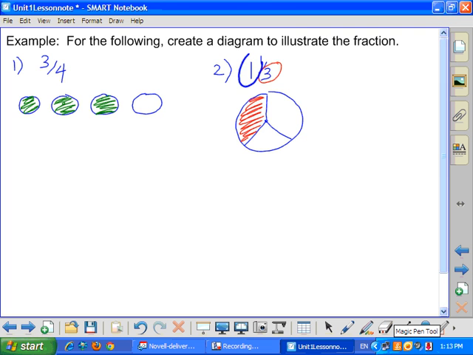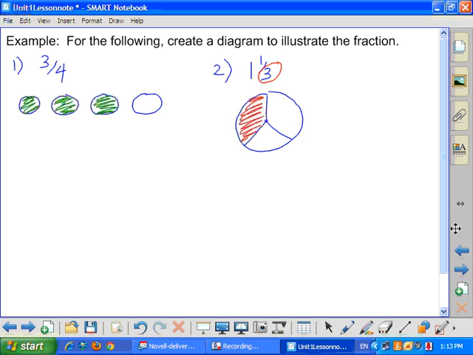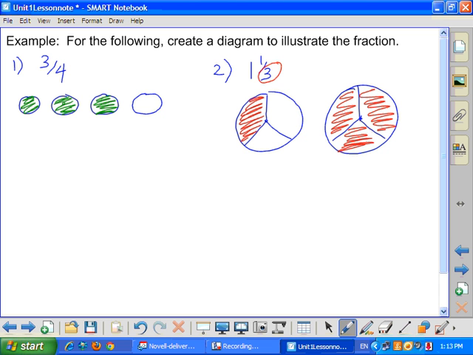There's a whole here. That means 1 whole pizza has been colored in. So actually, I need to draw a second pizza that's been divided into 3. And this time, I got to color in the whole thing because there's 1 whole pizza that was colored in. So there we go. So that diagram or that picture represents the fraction 1 1/3.